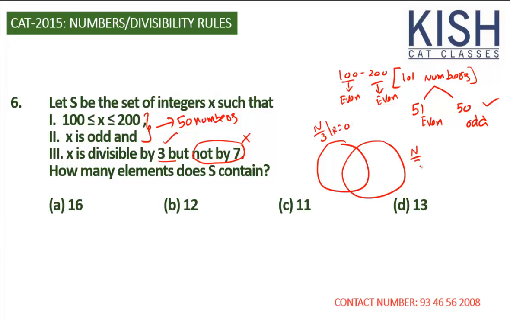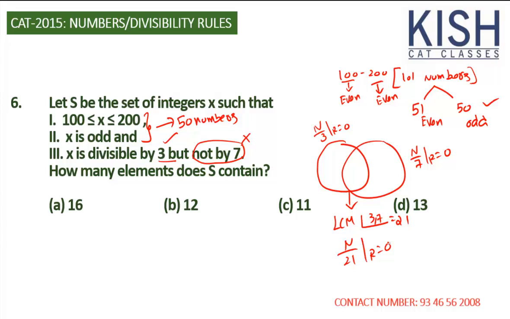This is n divided by 7, the remainder is 0. And this is the combination, the LCM of divisors 3 and 7, that is 21. So it is n divided by 21, the remainder is 0. Now our task is to find numbers divisible by 3 but not 7. So it means we just need to see exclusively only 3, not the combination of 3 and 7.